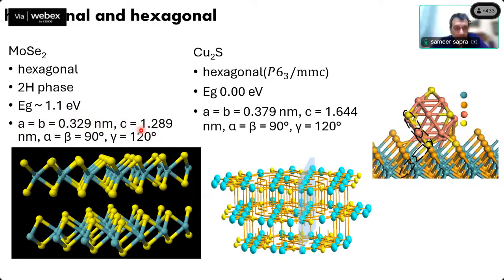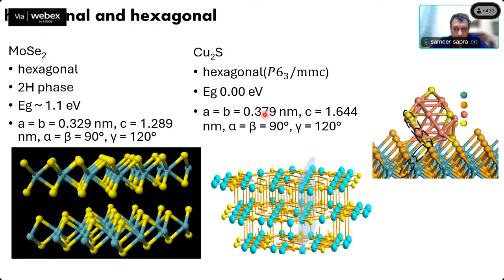Now this is hexagonal, so one doesn't have to worry about c because c is the direction in which you normally grow. So one has to worry about the lateral ab direction dimensions. If this is 0.329 and 0.379, you can do this quick calculation and see this is about 7% lattice mismatch. Now 7% lattice mismatch is not very high.